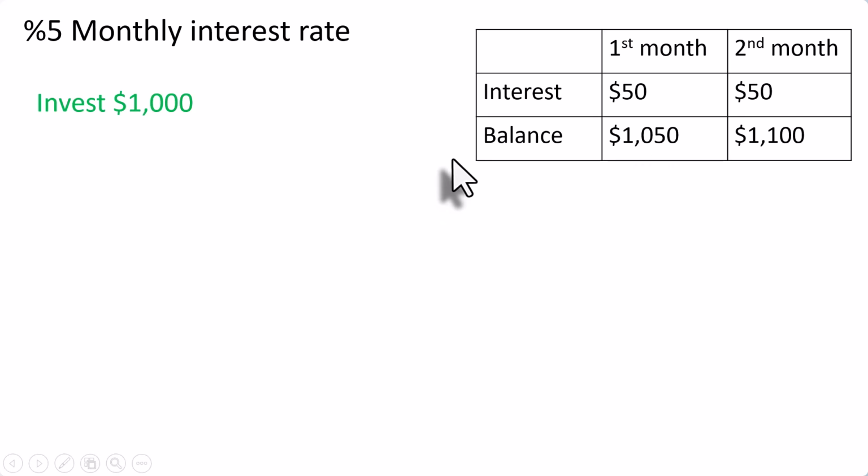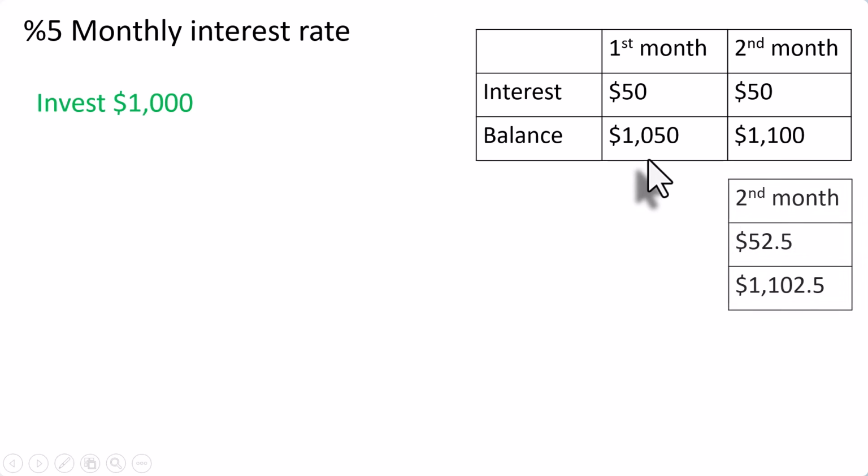Now, in the second scenario where the 5% interest rate is applied to my updated balance at the end of the first month, my interest earned is going to be slightly different. This time, my interest for the second month is going to be 5% multiplied by this value, my balance at the end of the first month.